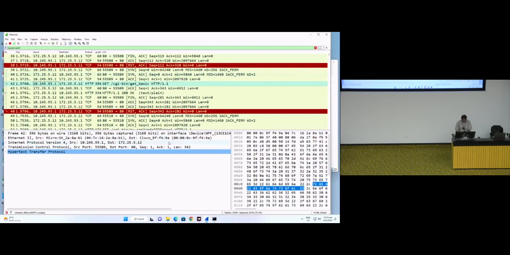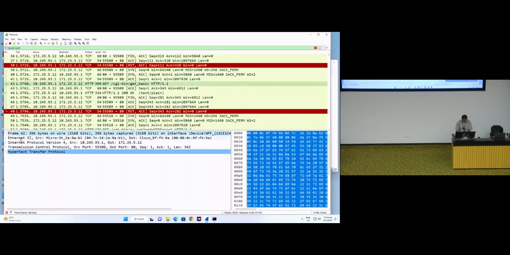What Wireshark will do is dissect this packet for you. At the link layer, there are framing bits at the beginning and at the end that delineate that packet, that frame. And so here are the framing bits.